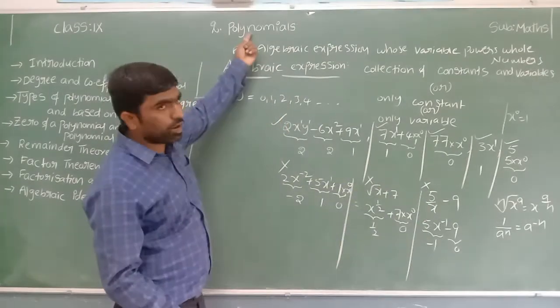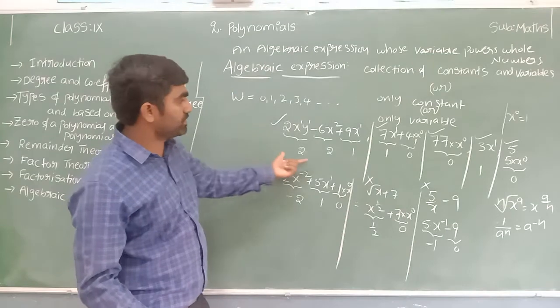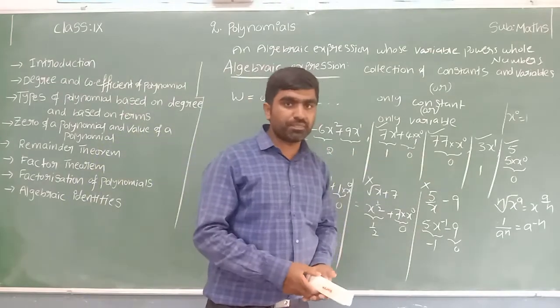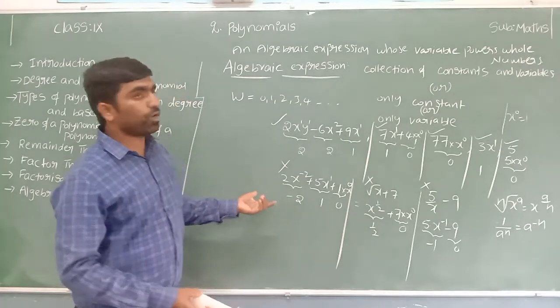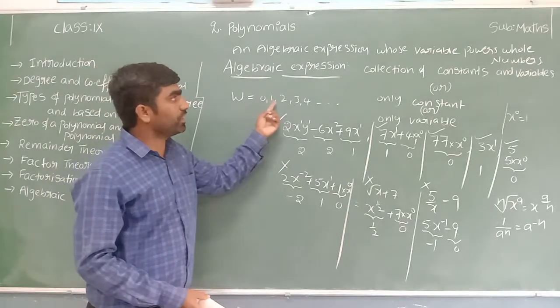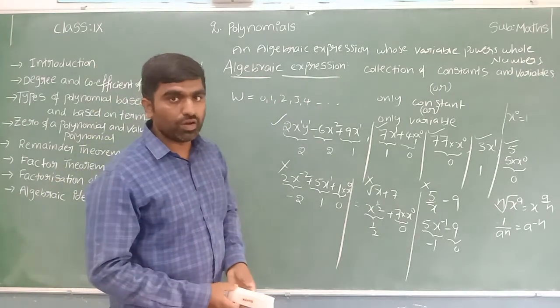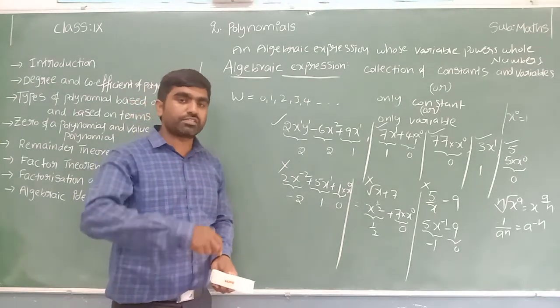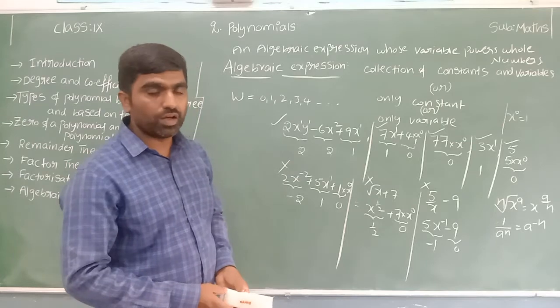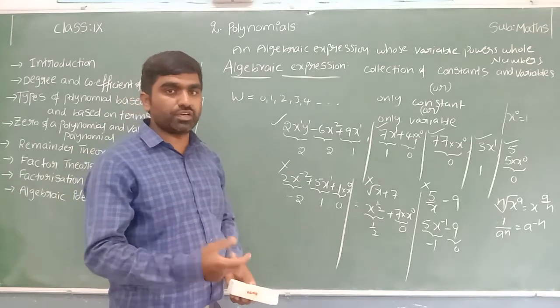Sir, is every polynomial an algebraic expression? Yes, every polynomial is an algebraic expression. Hope you understood what a polynomial is. Now let's see types of polynomials, and what is degree and what is coefficient.